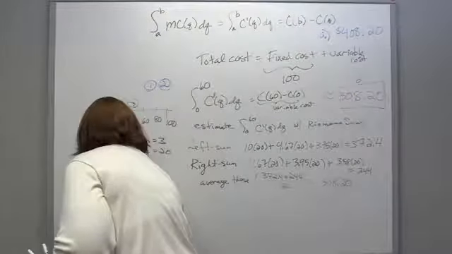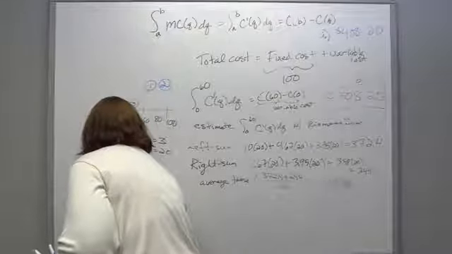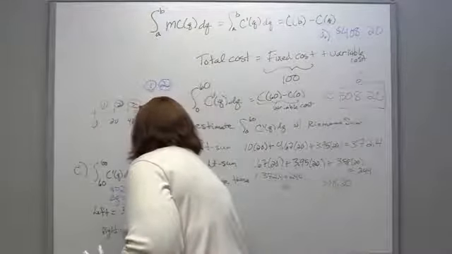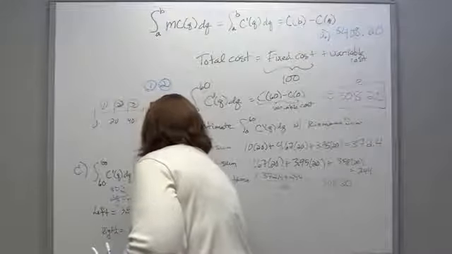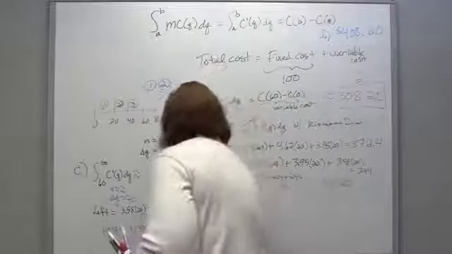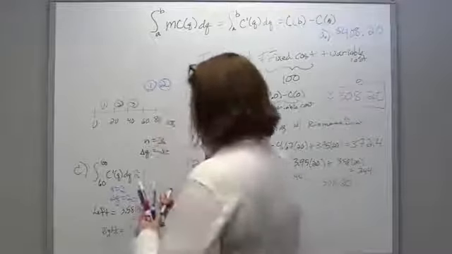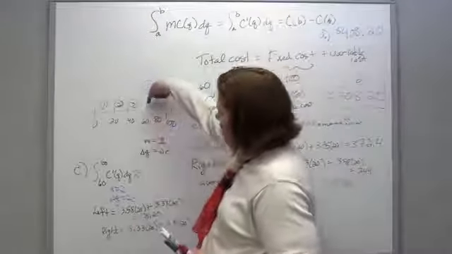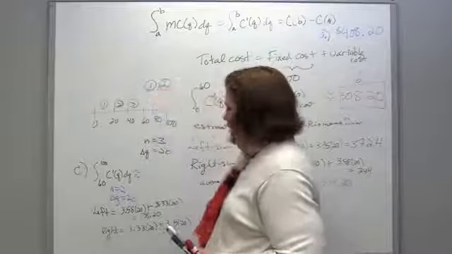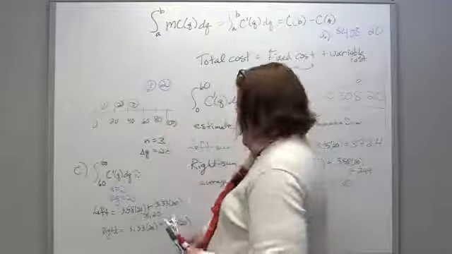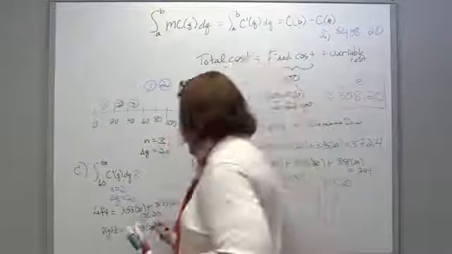And for the right sum, we're going to get 3.33 times 20 and 3.15 times 20. Again, for the left sum, we're using these 2 data points, and for the right sum, we're using these 2 data points to determine the heights of the rectangles.